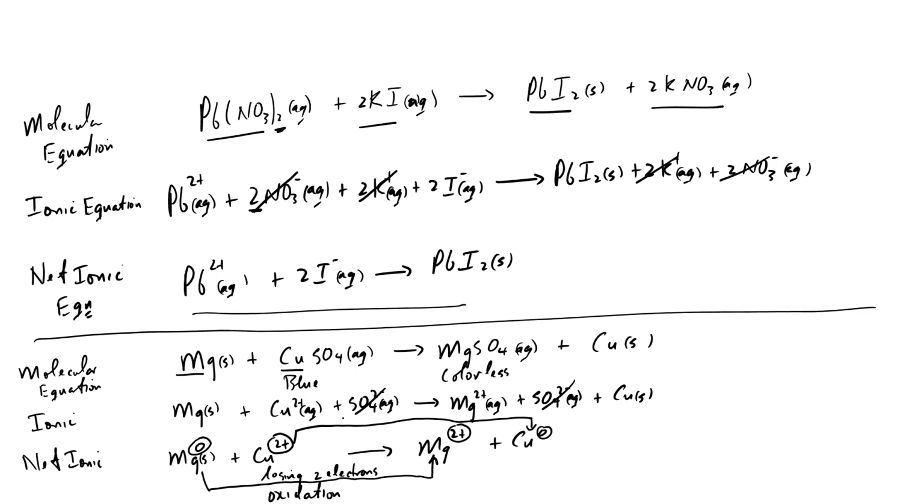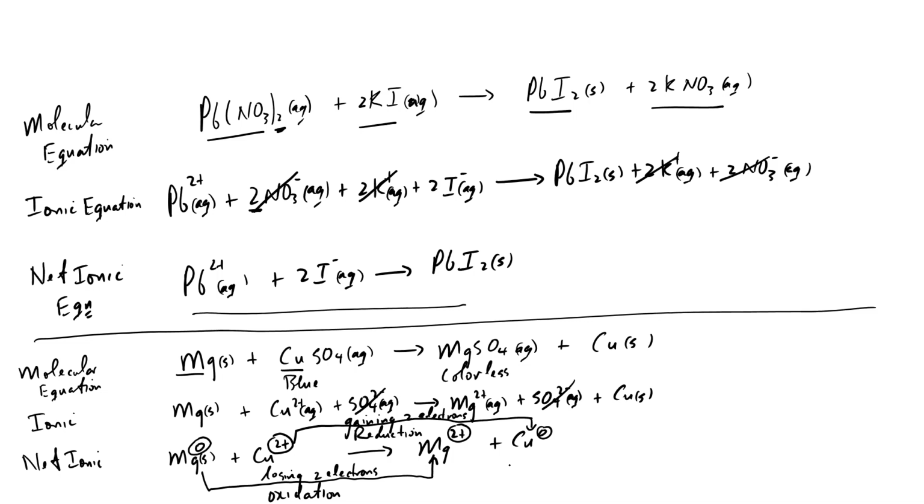So in this case here, the copper 2 plus would be gaining 2 electrons, and we call this reduction as a result. So that's what we have here as far as the oxidation reduction reaction taking place between the magnesium and the copper 2 plus.